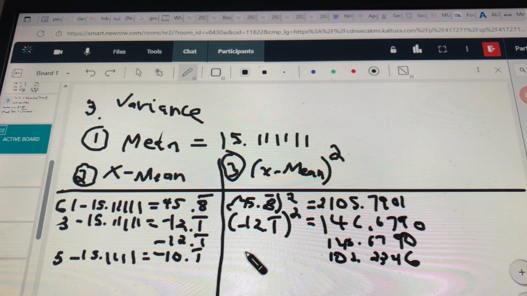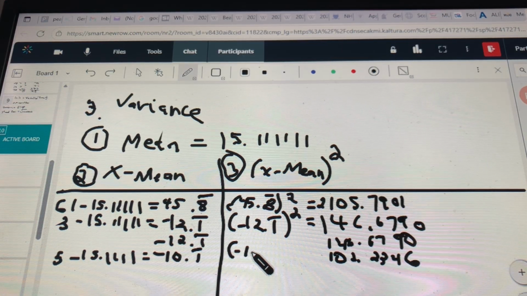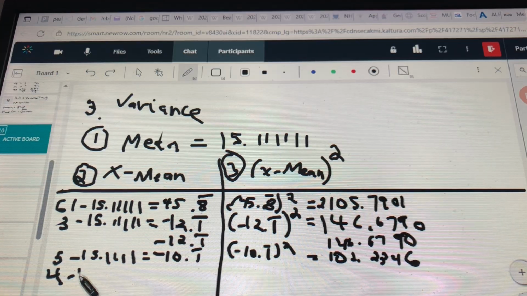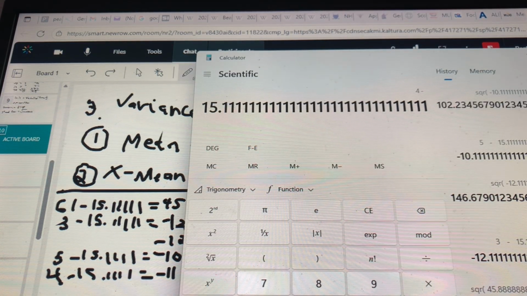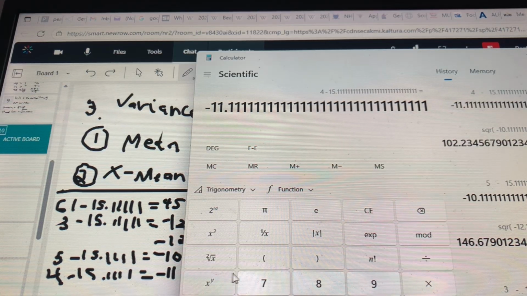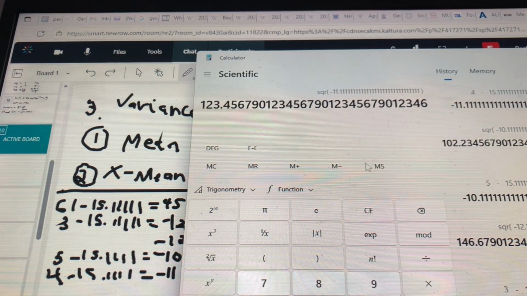This was the negative 10.1 squared. The next number was a 4. So this should end up being negative 11.1 repeating. 4 minus memory recall is negative 11.1. Square it, 123.